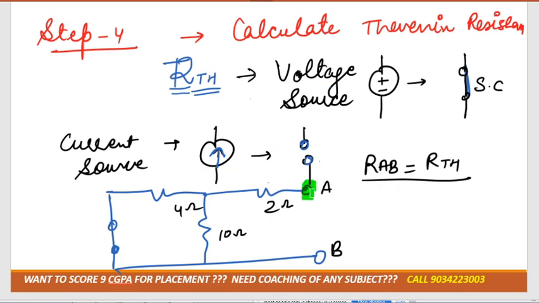Just imagine that you are standing at A position and you have to move towards B. And 4 ohm, 10 ohm, 12 ohm are your friends. So if two of your friends are on the same path, then they are connected in series.